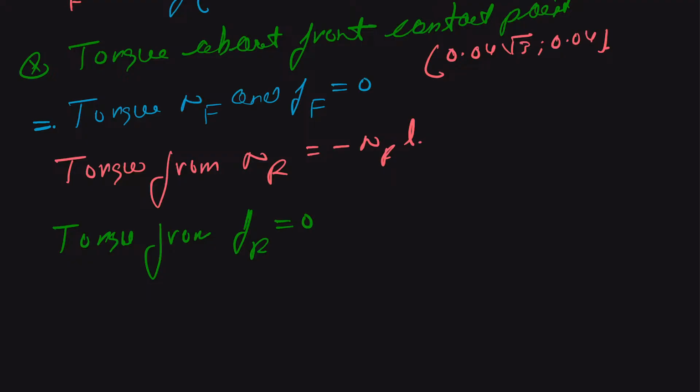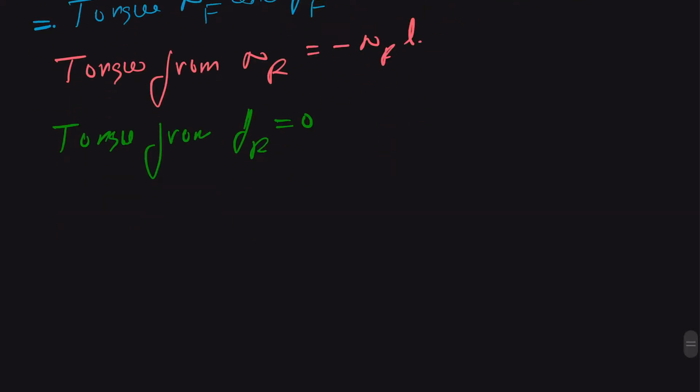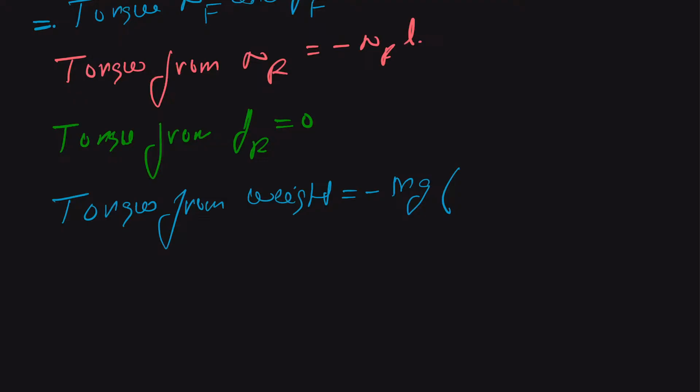Now we come to the torque from the weight. Torque from weight will be equal to minus mg times xcm minus a, because we are finding it at the front part.